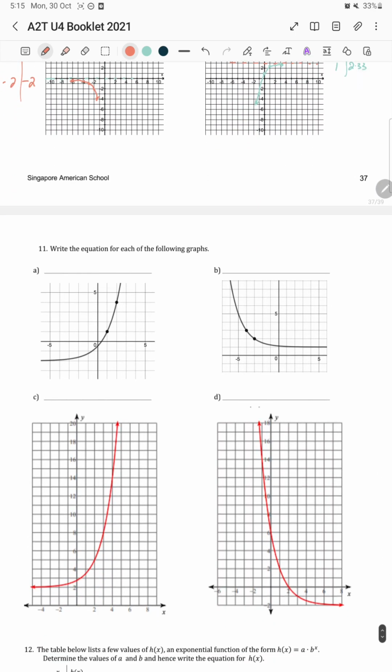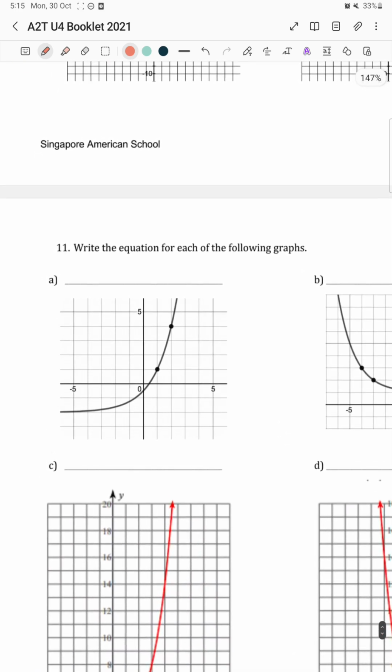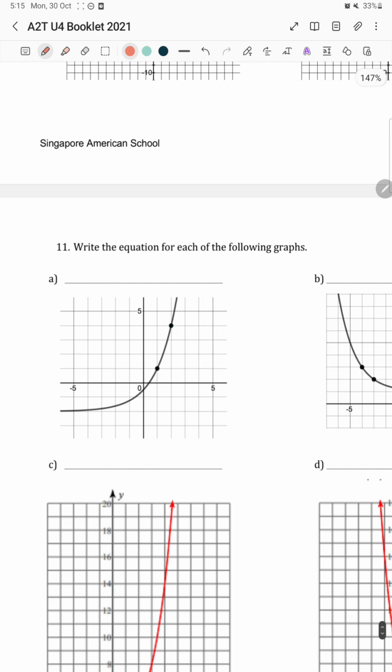Okay, write the equation of the following graphs. So how are we going to write the equation of the graphs? Okay, so first of all I'm going to see this point is (2, 4).